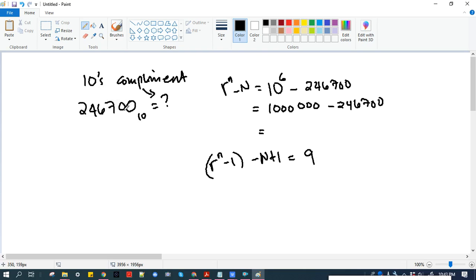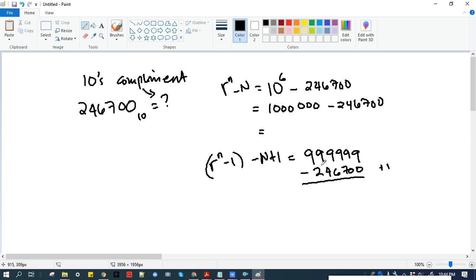There are 6 digits, so we write six 9s, 999999, minus the number itself, 246,700, plus 1.